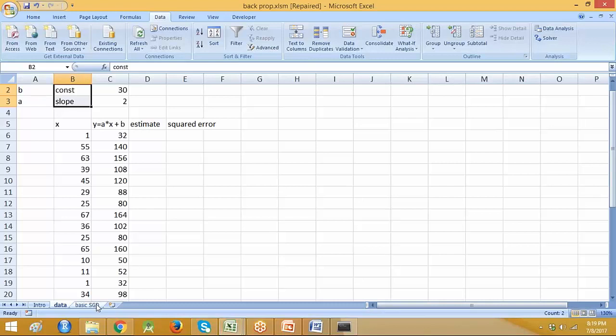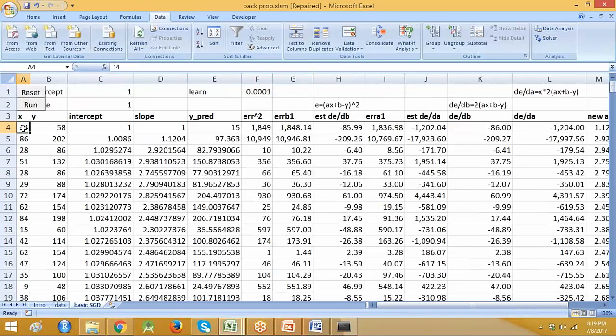So let's try to come up with optimal values of constant and slope in this fashion. So let's say this is my x and this is my y variable that we have seen here in the data set. The first thing, as we did earlier, let's randomly initialize intercept and slope, let's say to a value of 1.